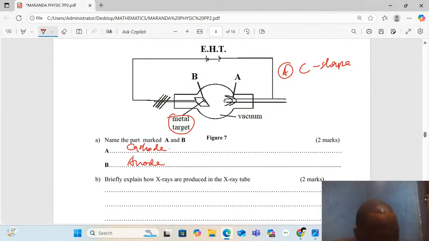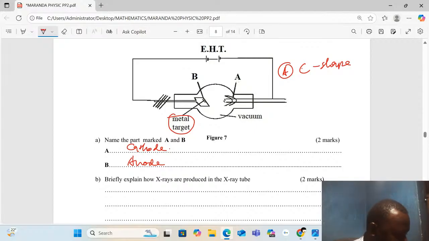We have the heating current at the cathode. Electrons will be ejected, then accelerated towards the metal target by the potential difference. Once they hit the metal target, they are turned into X-rays.